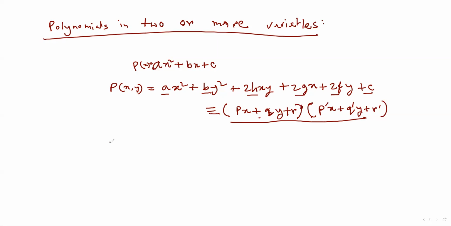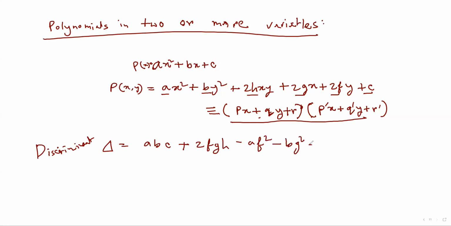The condition is, there is an expression called the discriminant, and the expression of the discriminant looks like this: abc plus 2fgh minus af squared minus bg squared minus ch squared.